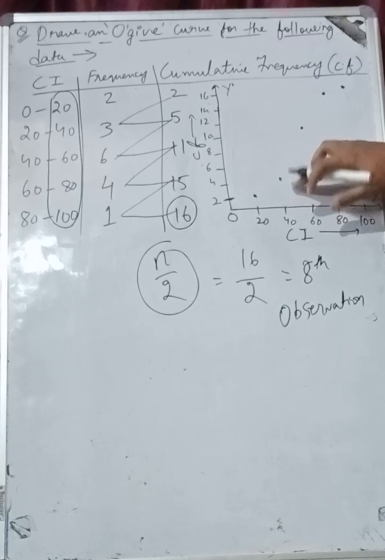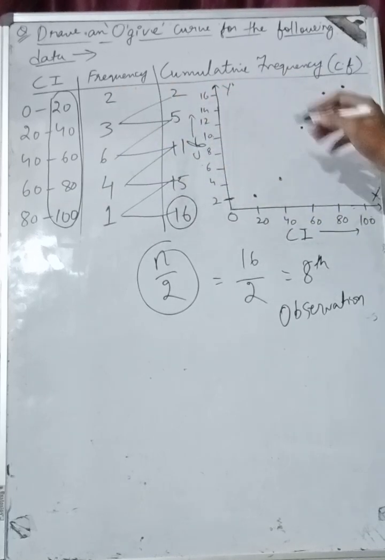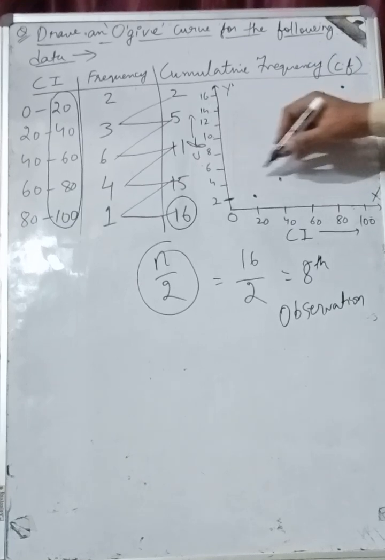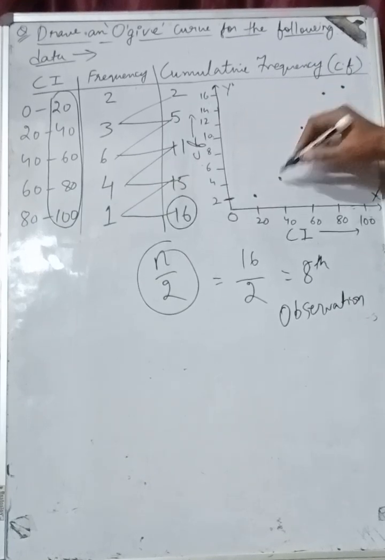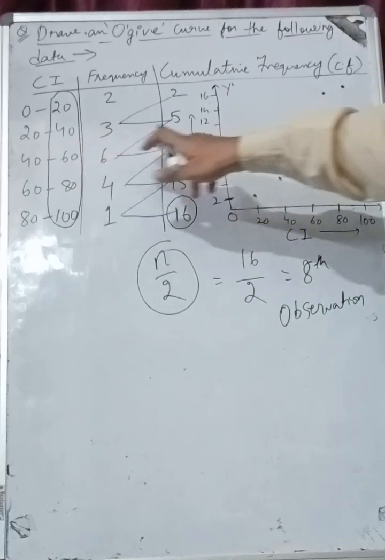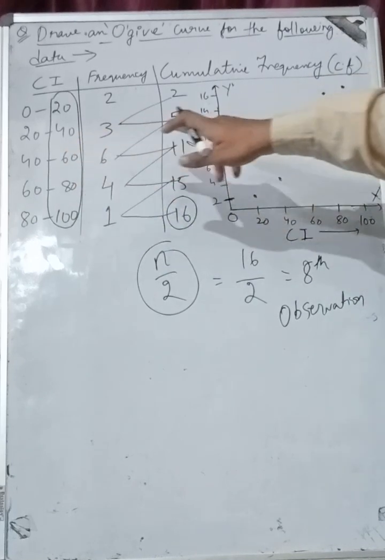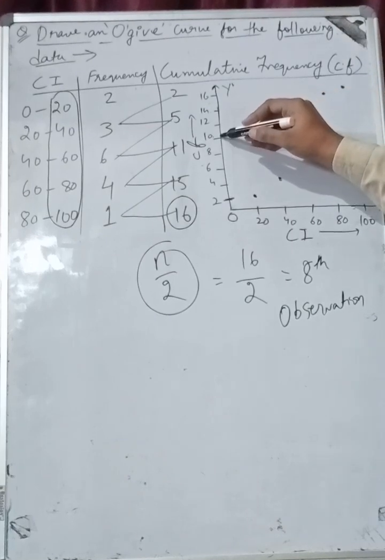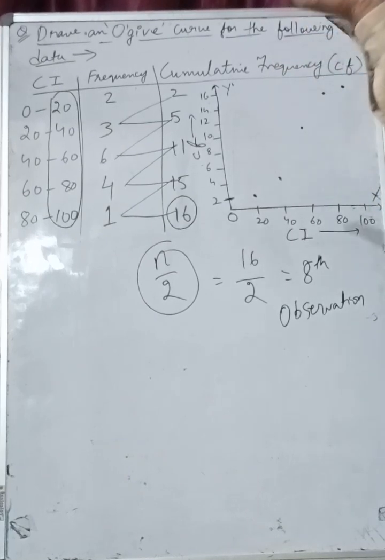Like 40 and 5. So 5 will be coming somewhere above 4. Just perpendicularly you have to plot and make a dot. In the same way, the corresponding value of 60 in the cumulative frequency is 11, which lies one block above 10 in your graph copy.